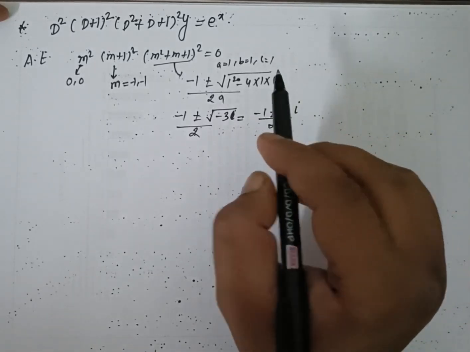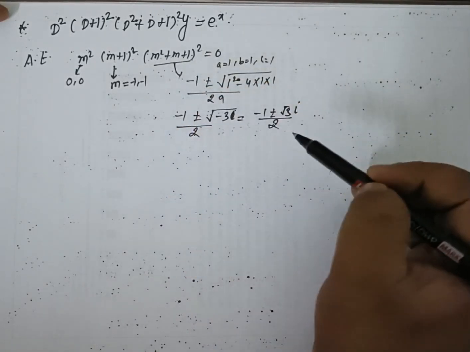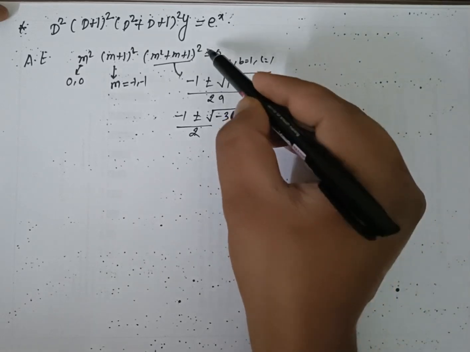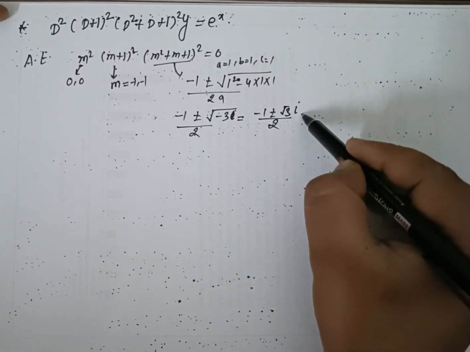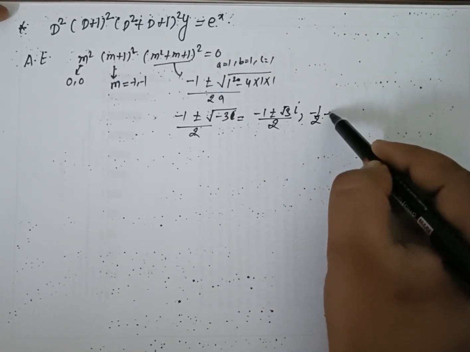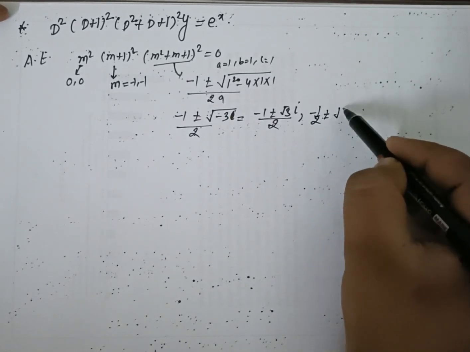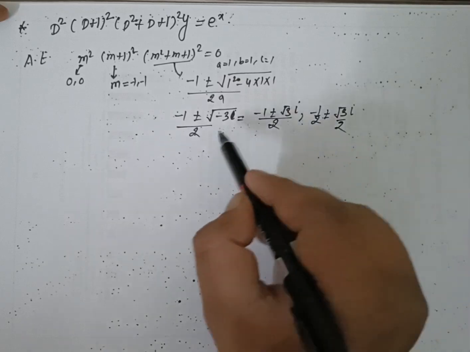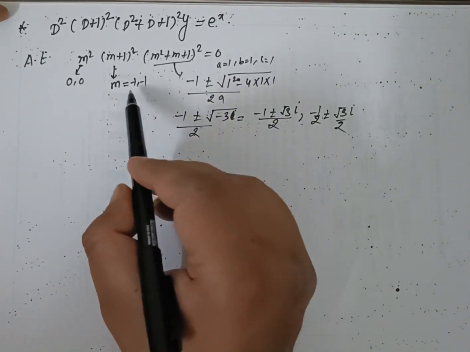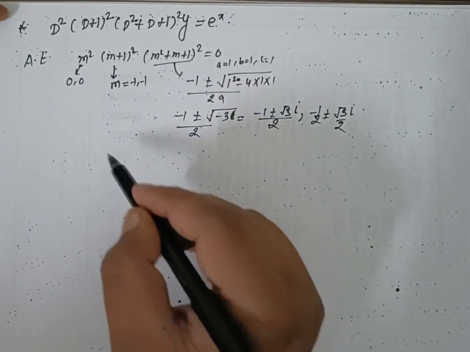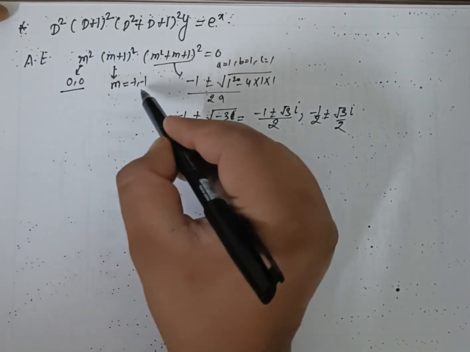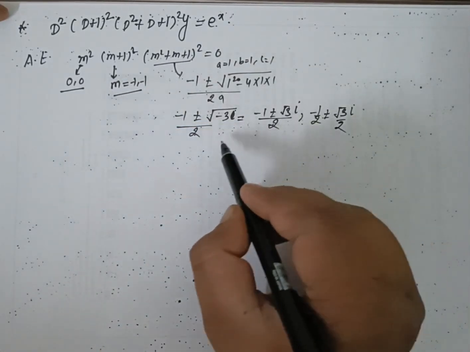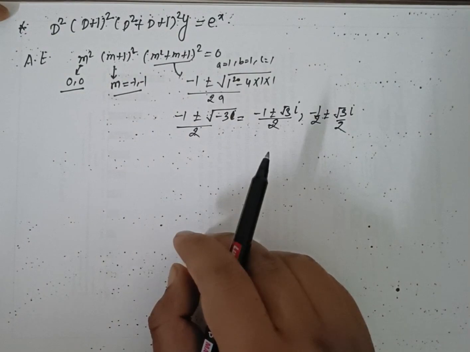And we have roots of this m² + m + 1, but here we have the square, so these roots are repeating, okay. So we have 8 roots here, okay. 2 are repeated alike, 2 are repeated alike, and two complex conjugate pairs are repeating alike.